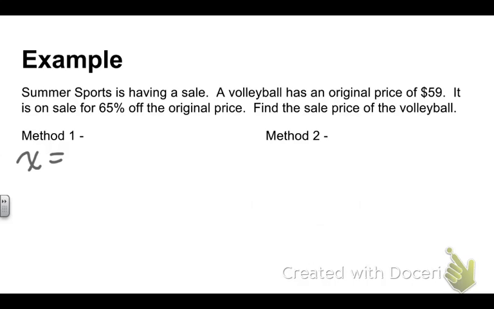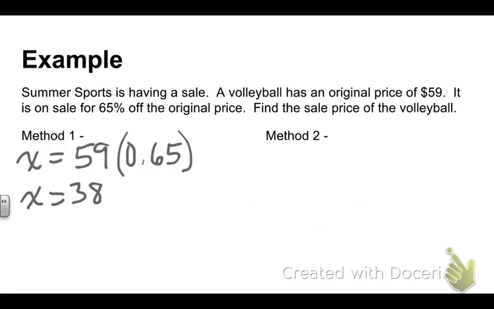So x equals our $59 multiplied by our 65%, which is 0.65. That will give you $38.35. That's how much the discount is, how much is coming off.